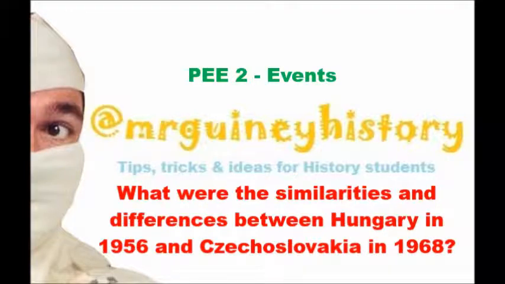Point 2. Events. Again, in arguing that the events had some similarities, you need to be precise in your application of historical detail or evidence. So you may wish to include some of the following.